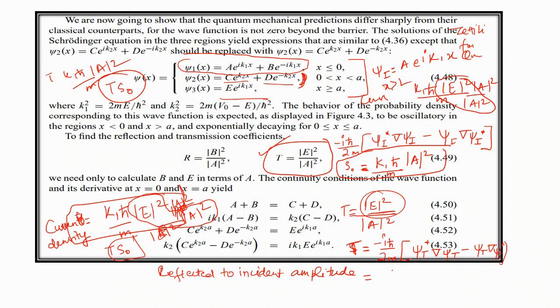That means we are asked to find out B by A, because this is incident, this is reflected, and this one is transmitted, and the amplitude of incident is A, and amplitude of reflected is B, so B by A, right? We can find out the square of it, like reflection coefficient and transmission coefficient. That will be fine. After that we can do square root.